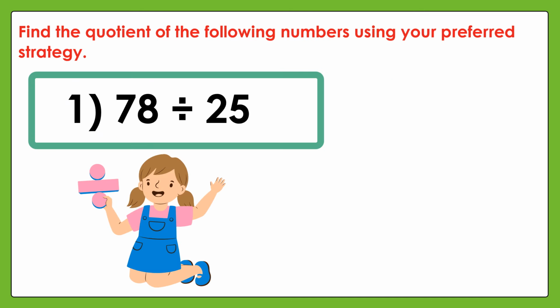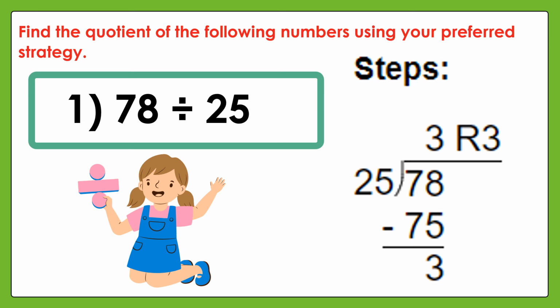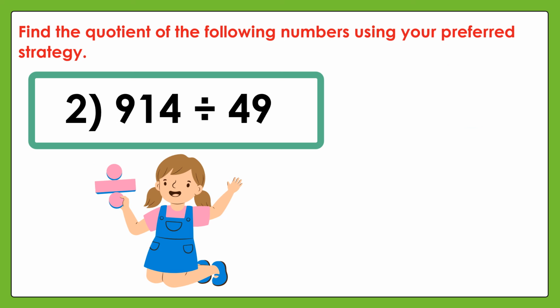Find the quotient of the following numbers using your preferred strategy. Number 1, 78 divided by 25. The answer is 3 with remainder 3. Number 2, 914 divided by 49.